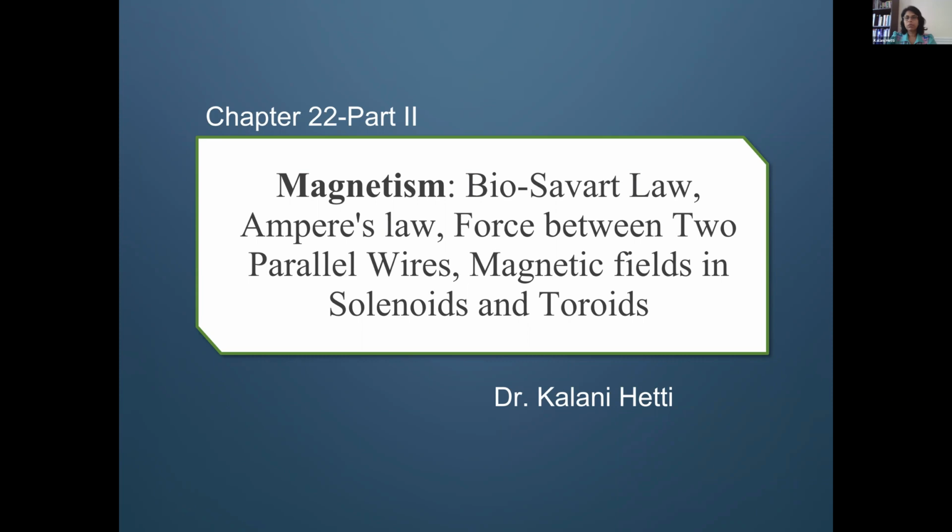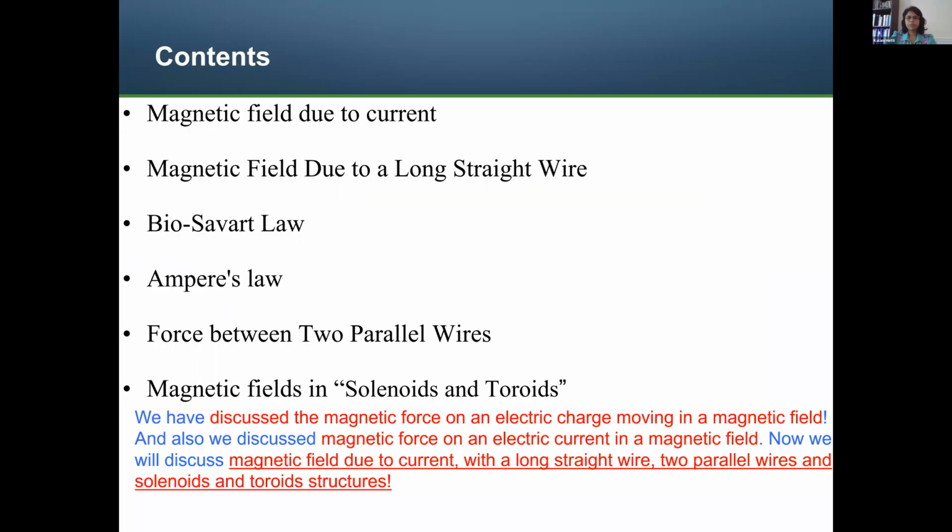And then we're going to move into the solenoid, a spiral shape wire, and then the toroid, a circular shape where the spiral bends into the toroid shape. Then we will see how this shape of the object creates a magnetic field, and where that magnetic field is stronger, inside or outside. Okay, so those are the things that we're going to discuss in this chapter.